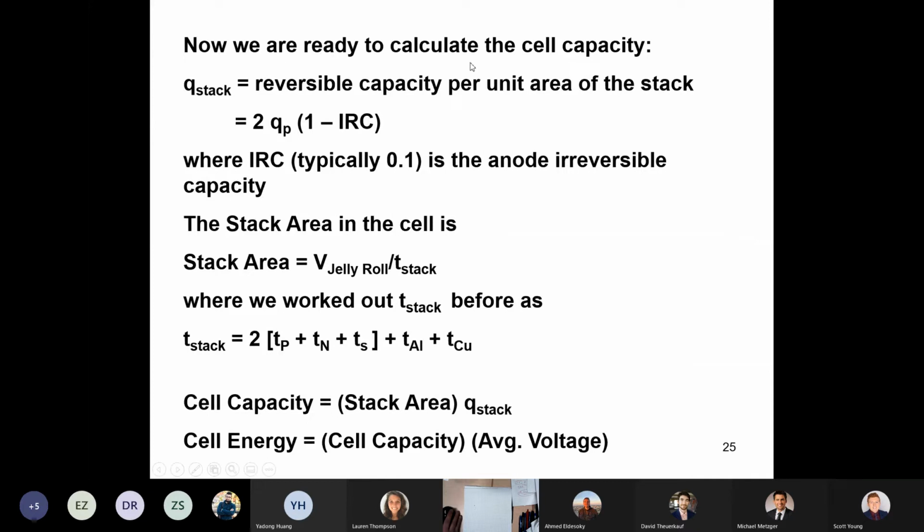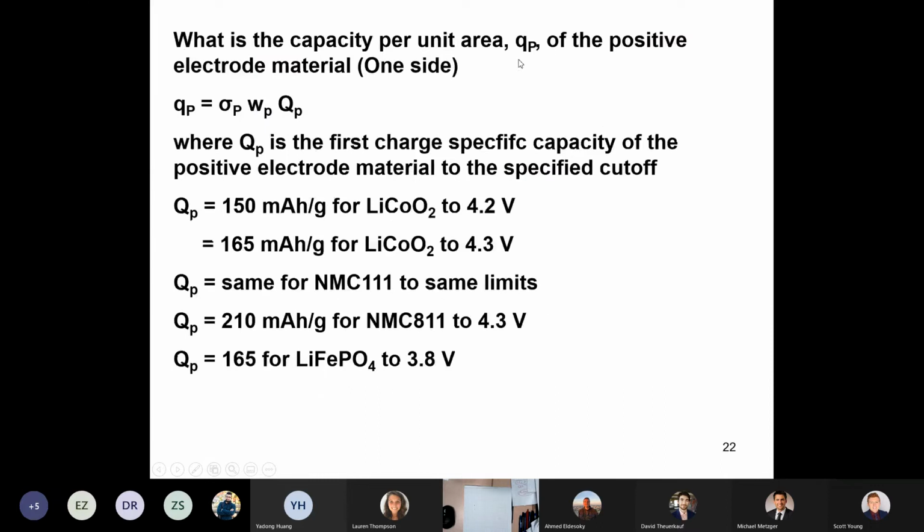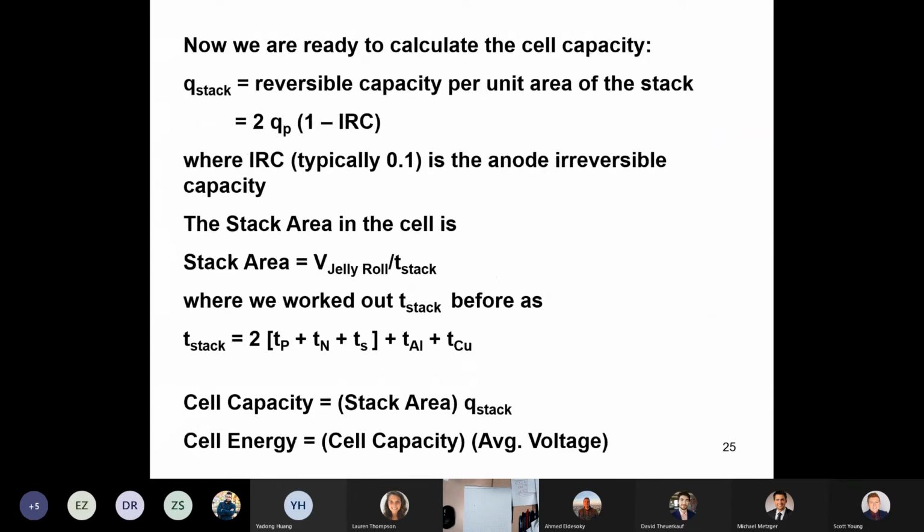And then you have to calculate the capacity of the cell, okay? So if you think about what is the capacity of that electrode stack, this electrode stack here per unit area, so per centimeter squared, for example, it's twice the capacity per unit area of the positive times 1 minus the fraction of irreversible capacity of the negative.